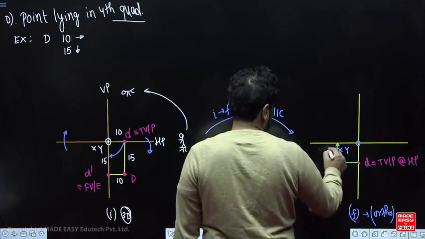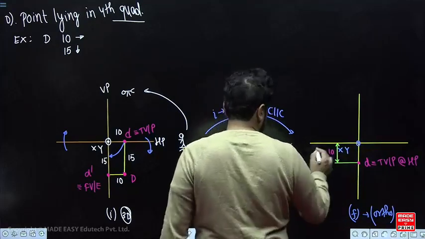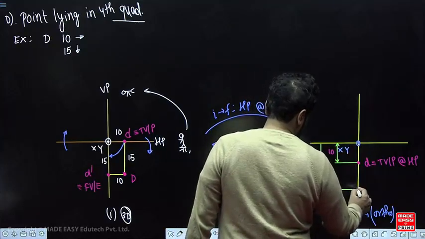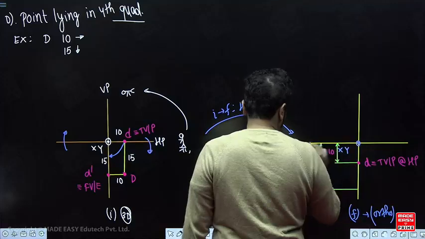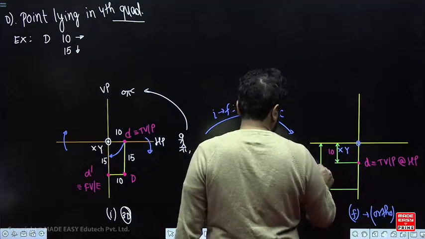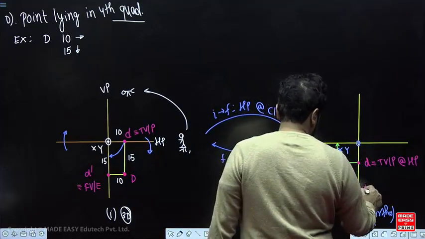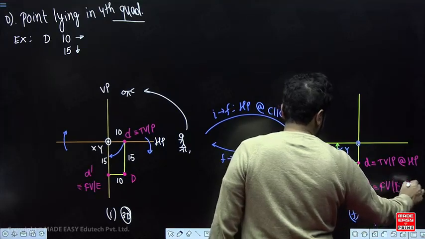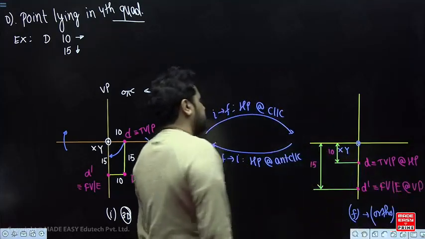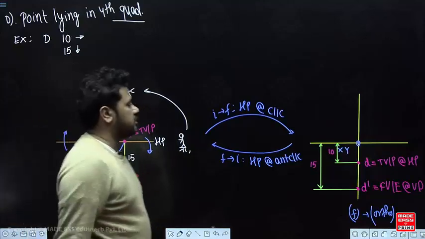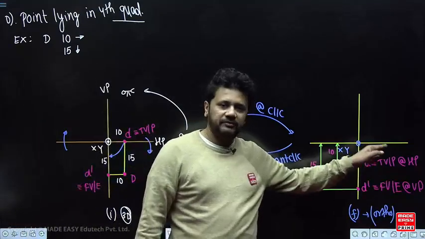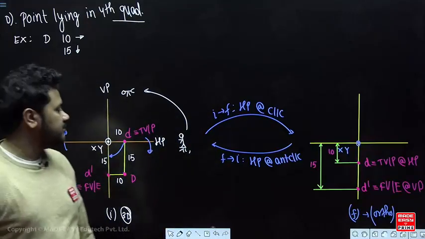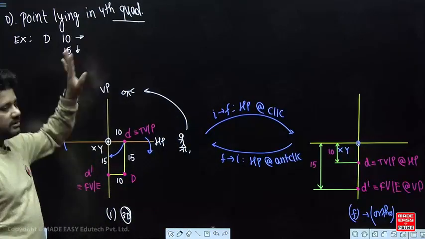It is your 10. And another point is at 15, this is your D dash, which is the front view or elevation at VP, correct. So you can see the projection, and in the theory of projection also I told you the same thing: if HP and VP lie below the XY line, that means it is in the 4th quadrant, correct.